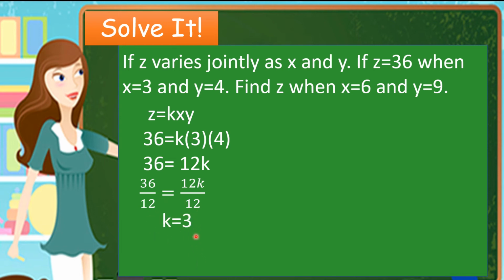So, kapag nakuha na natin ang constant of the variation, hindi pa tayo titigil kasi may nawawala pang z or value ng z. So, therefore, using our value of k, magiging z is equal to 3xy. Then, substitute the values, 6 and 9. So, 3 times 6 times 9, the answer is z is equal to 162.